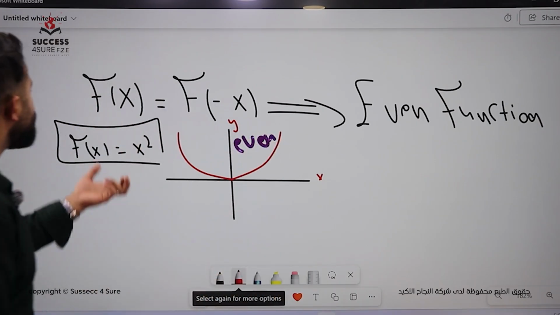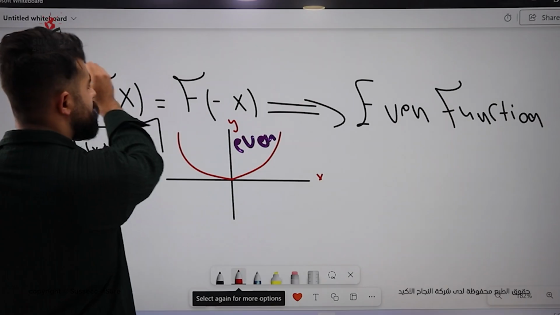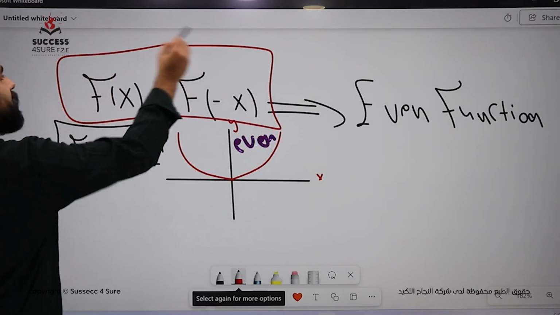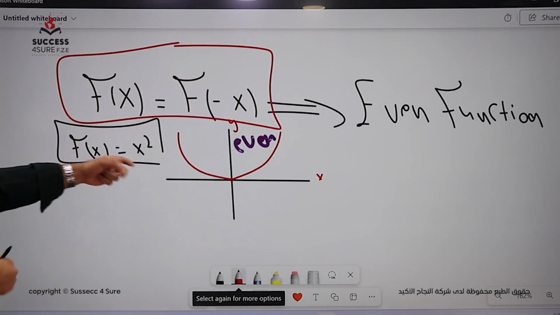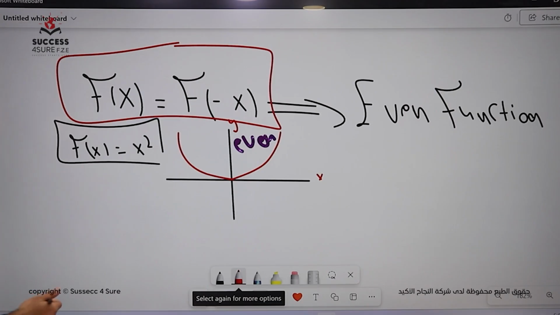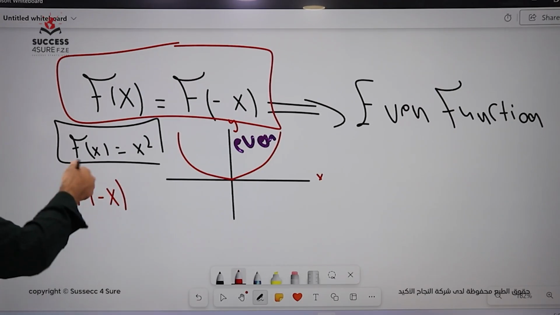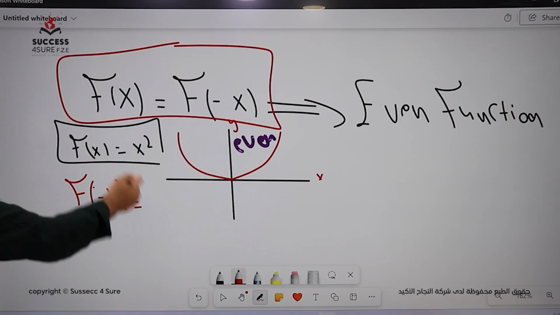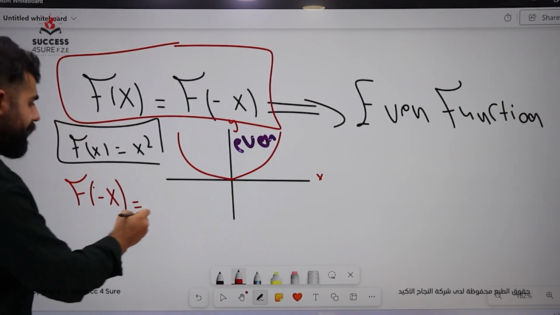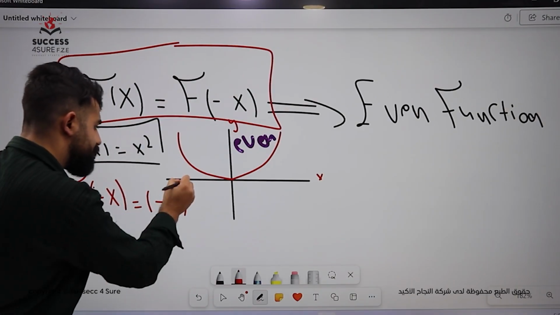But if we want to use this rule to prove that you are dealing with an even function, what is f of x? It's x squared. Now, what is f of negative x? It means replace x with negative x. It's negative x, squared, right?